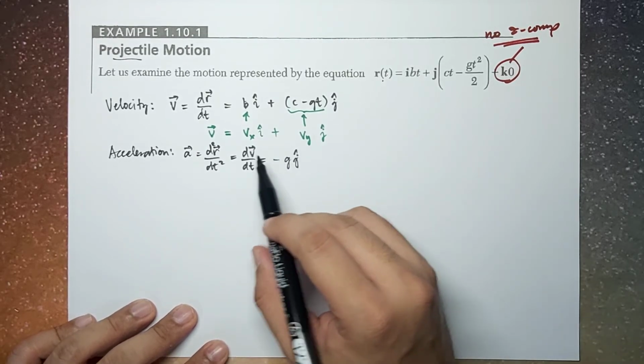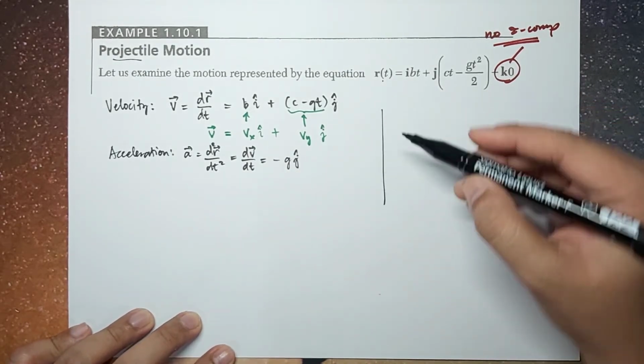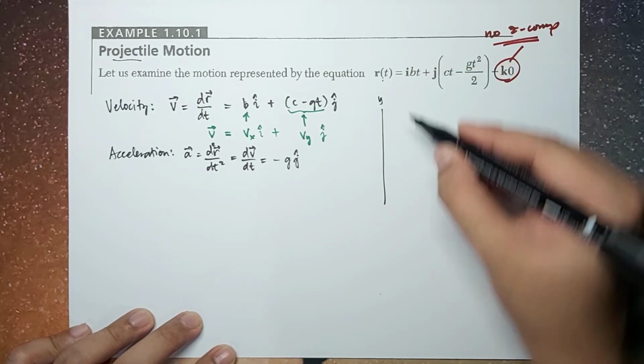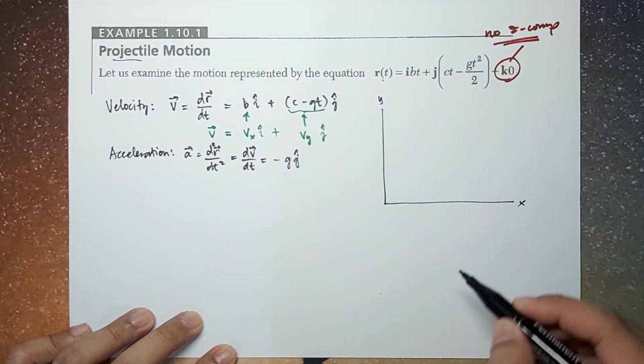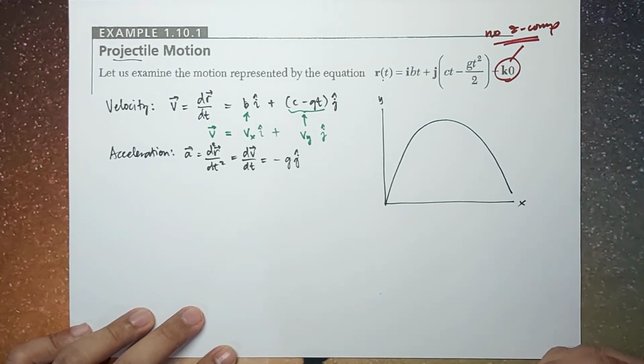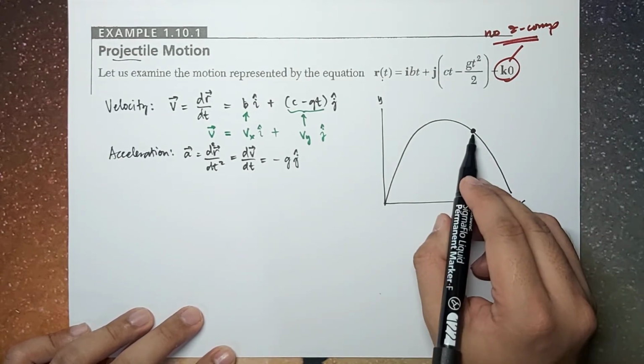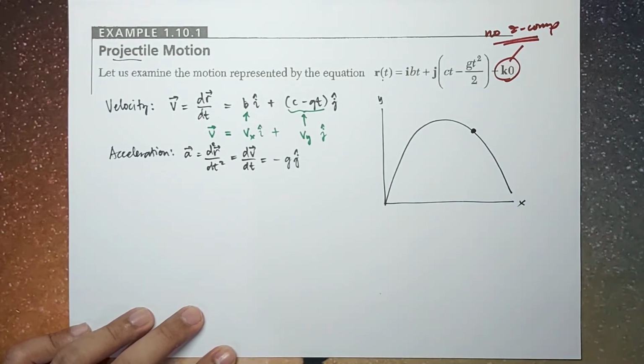So if you're going to graph this, if this is your y and this is your x, let's say this represents the motion of that projectile at time t. Let's say the particle is here along this trajectory.